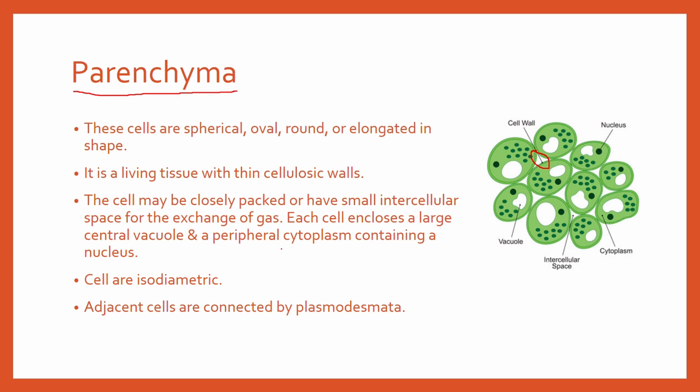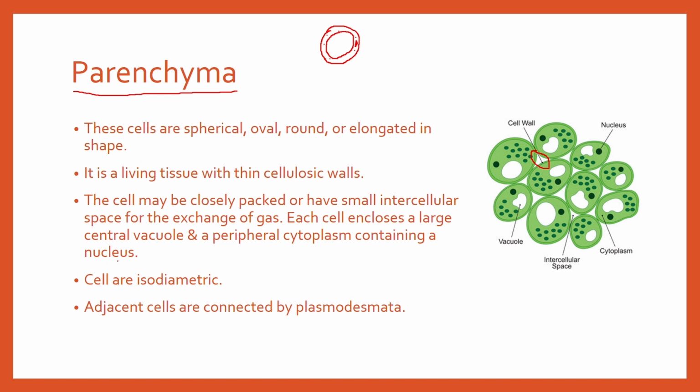Each cell encloses a large central vacuole and a peripheral cytoplasm containing a nucleus. So in this parenchyma tissue, I will draw it. You can see this is the cell wall. So in the parenchyma tissue a large vacuole is present, so due to that cytoplasm and nucleus are present at the periphery here.